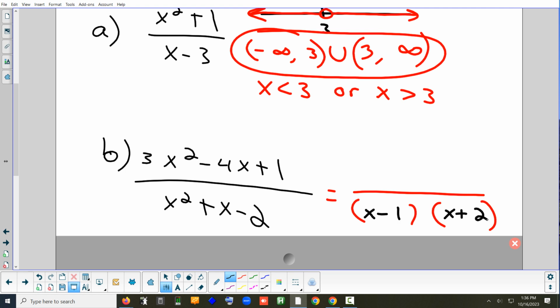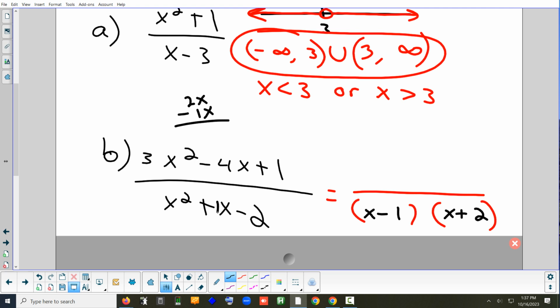X times x is x squared. What's x times 2? 2x. I'm just going to put that up here for a second. What's x times negative 1? Negative x. And 2x take away 1x gives you 1x. That's exactly what we wanted. And negative 1 times 2 is negative 2.